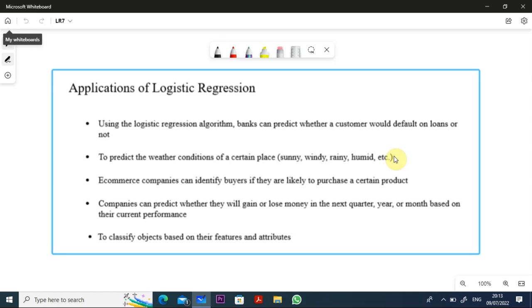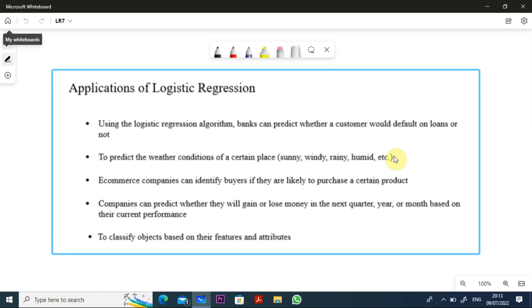Similarly, e-commerce companies can identify buyers who are likely to purchase a certain product. Suppose, because Dasara Puja is coming, the e-commerce people want to sell a number of their products. So now they want to predict whether a particular customer or some customers are going to buy a particular item or product. Based on the predictions, they can increase some stock or decrease some stock.